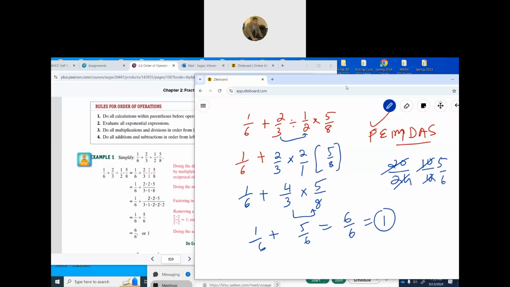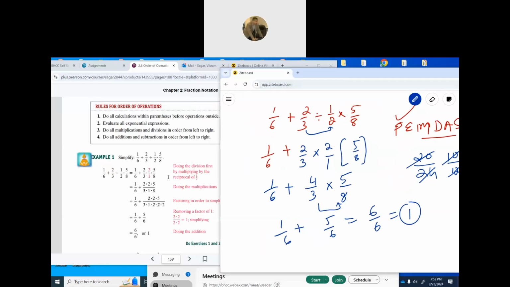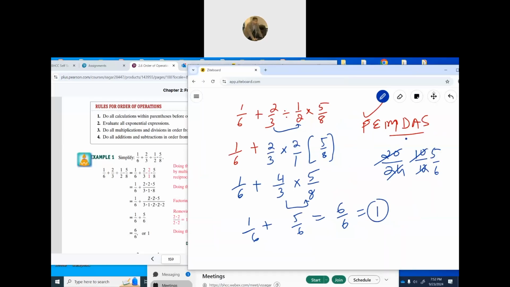They are doing it a little bit the same way, but use this method, PEMDAS, okay? What we did here, first we divided, because even though multiplication comes first in PEMDAS, from left to right, whatever operation comes first. So we did this one, and from here we got 4/3. And then we have a times here, 5/8. And then again we went back, this is first now, which is 20/24, okay?